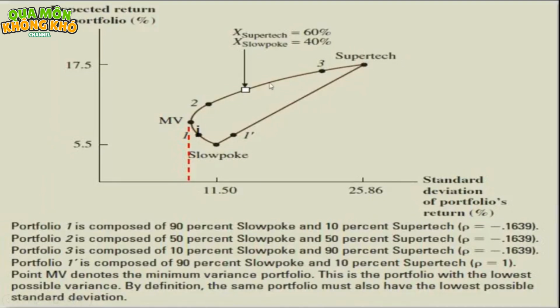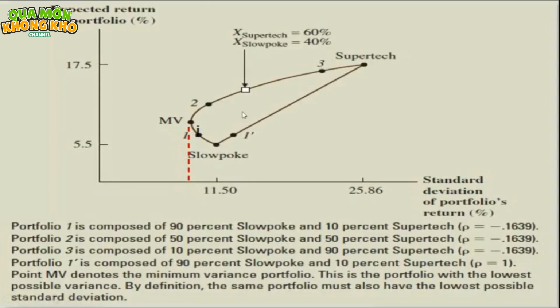We call it the efficient frontier. Here you will have a lower expected return but higher standard deviation, while from the point of minimum variance, we can achieve a higher expected return but lower standard deviation.